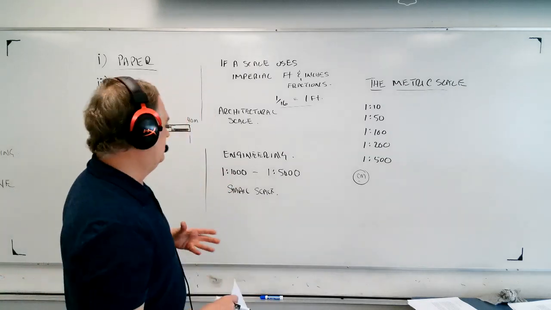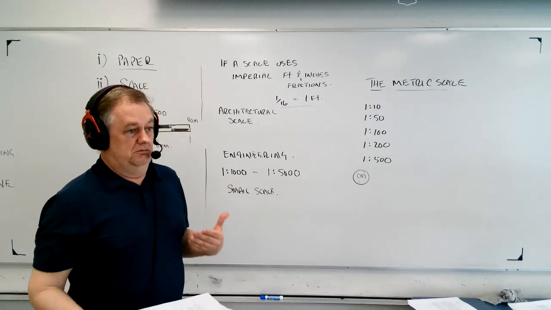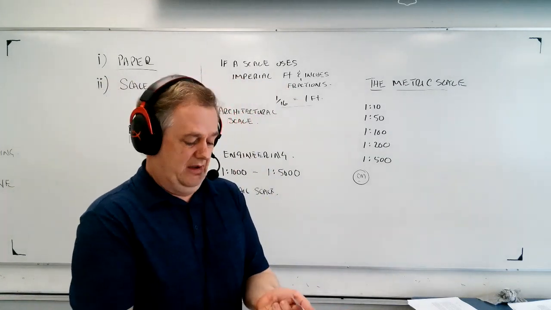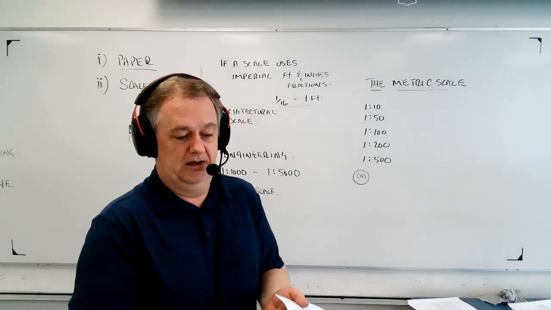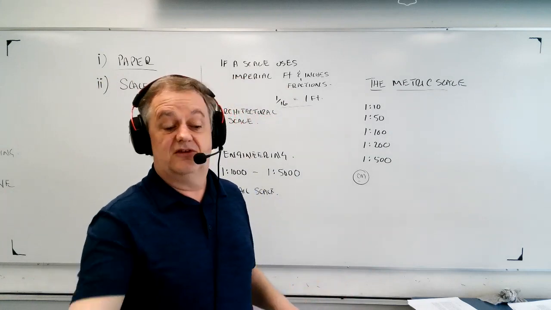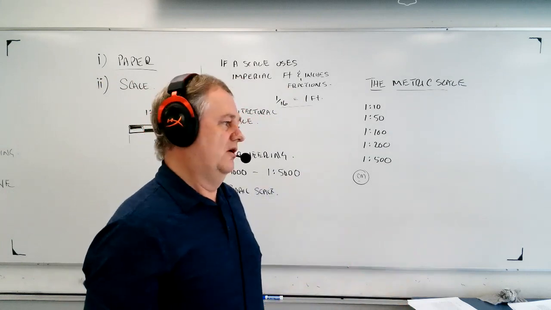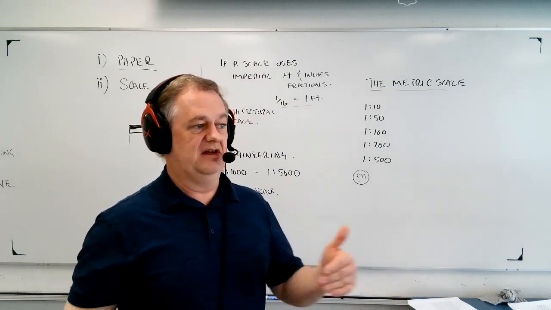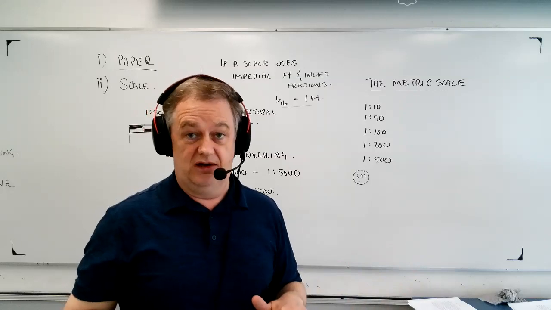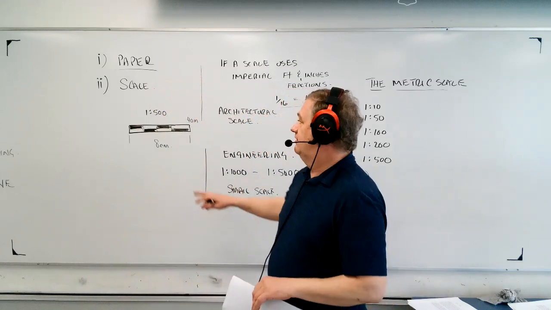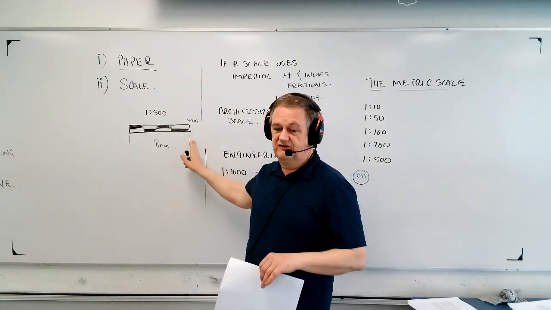So you can actually use the scale to make accurate measurements of materials, distances needed for safety buffers, any type of thing where you need to know a specific distance and it's not listed on the print, then you can use it as long as you first check and prove the scale. Got to prove the scale first, all right?